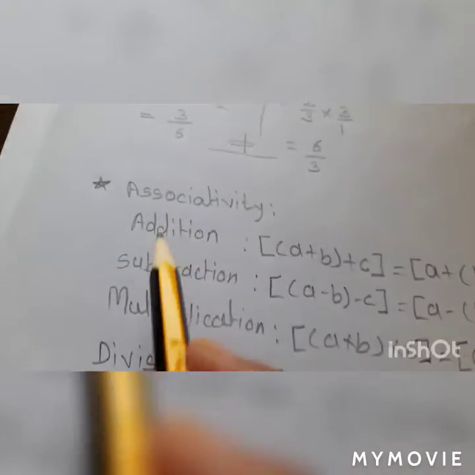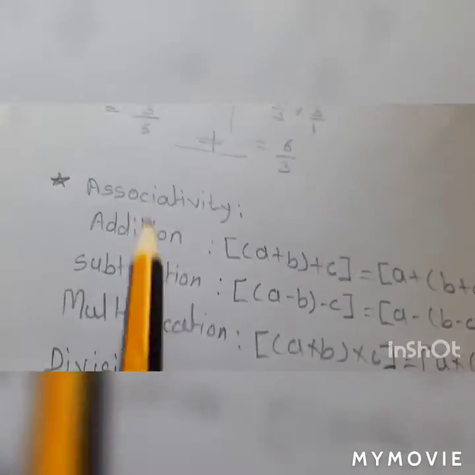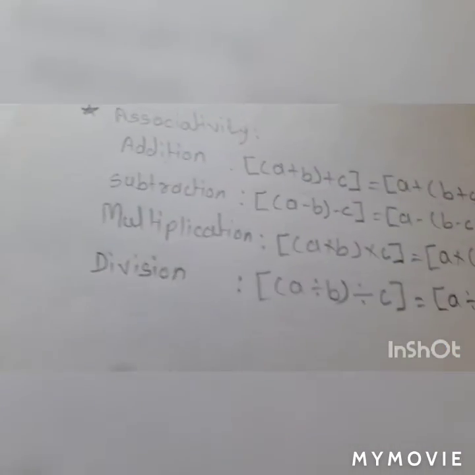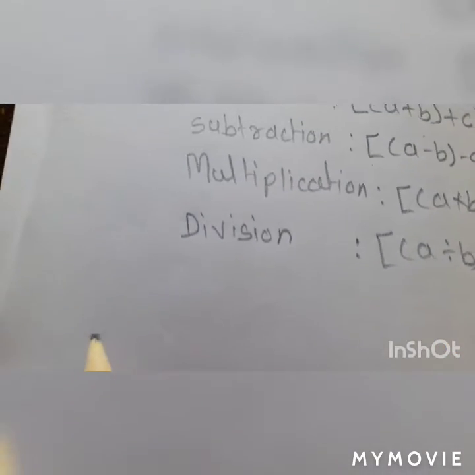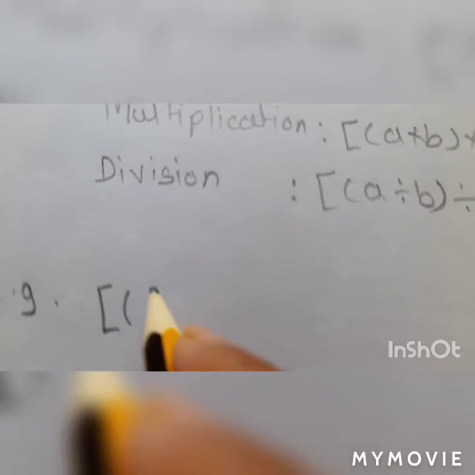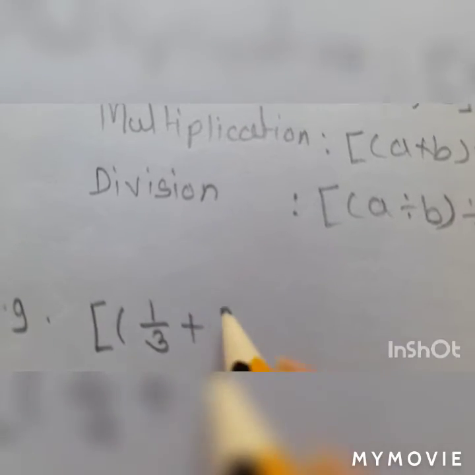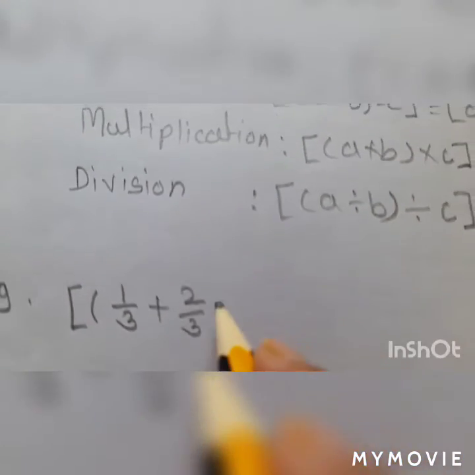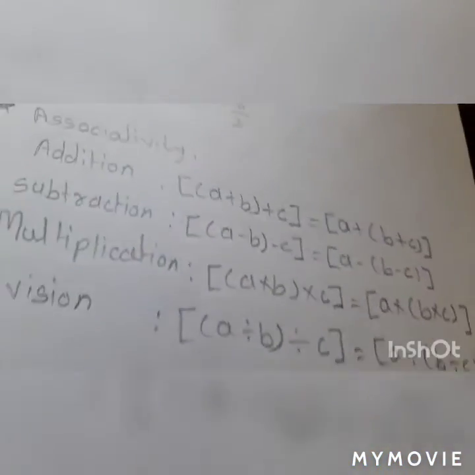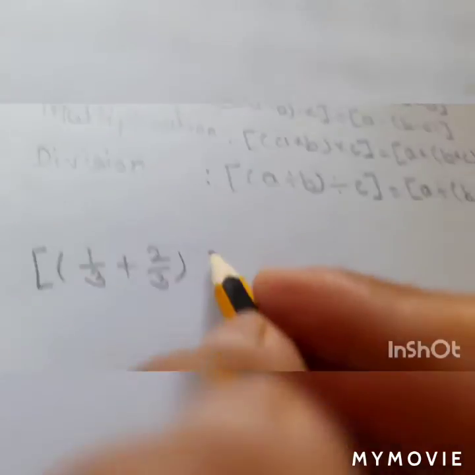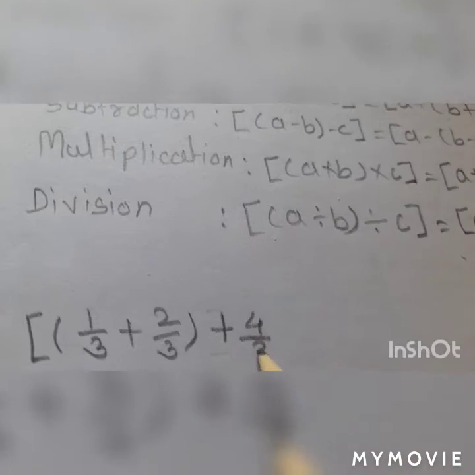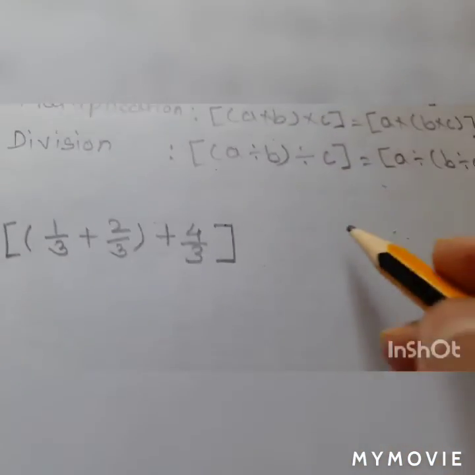Let us check by taking examples. First we will take addition. For example, in square bracket 1 upon 3 plus 2 upon 3 in round bracket, plus 4 upon 3, square bracket complete.